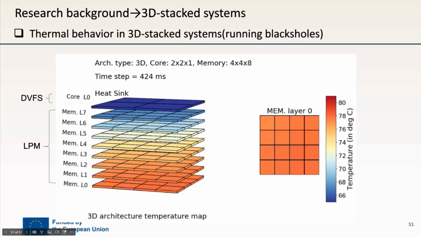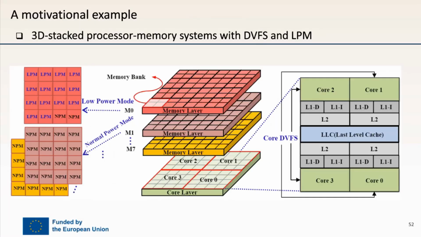So thermal management in 3D systems generally involves controlling the behavior not only of the cores. We also need to take actions on the memory banks. For the processor, DVFS dynamically coordinates the frequency and voltage, but we also need to reduce the active behavior of the memory banks. So I will give you a motivational example.